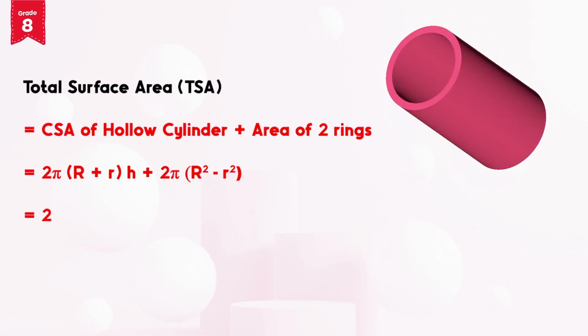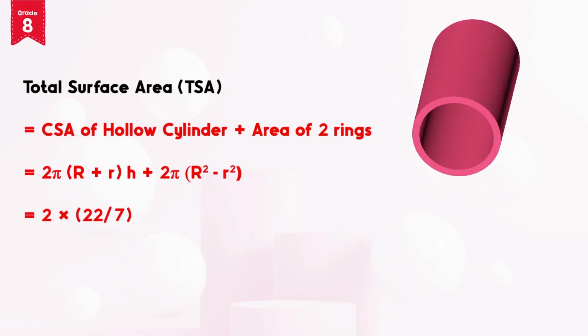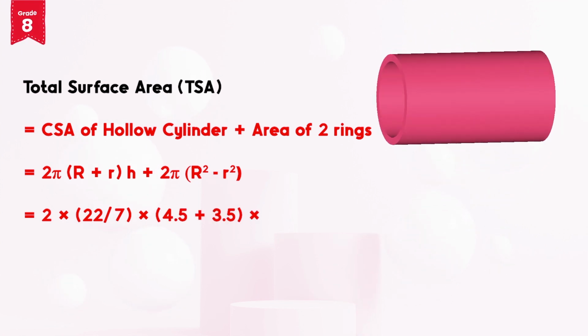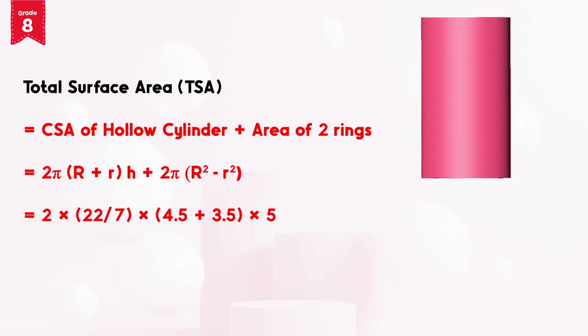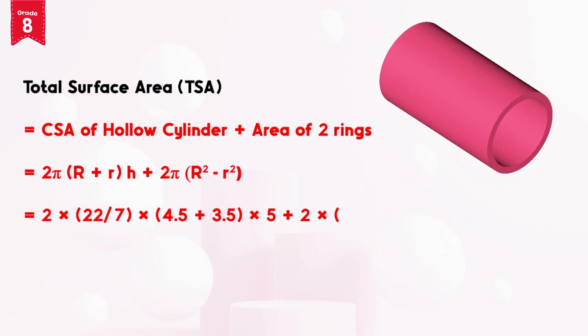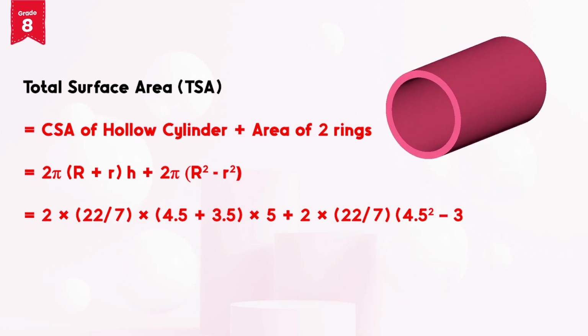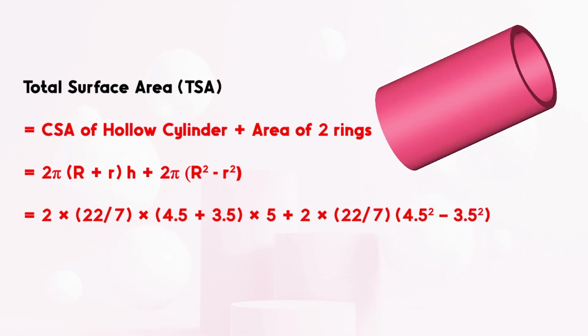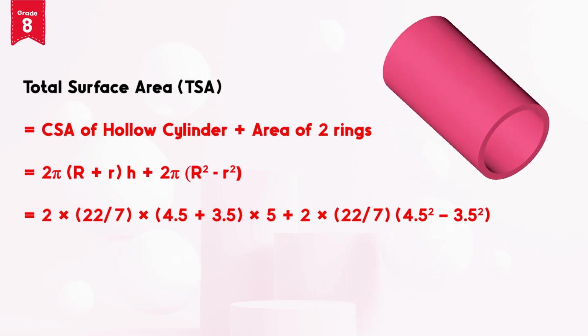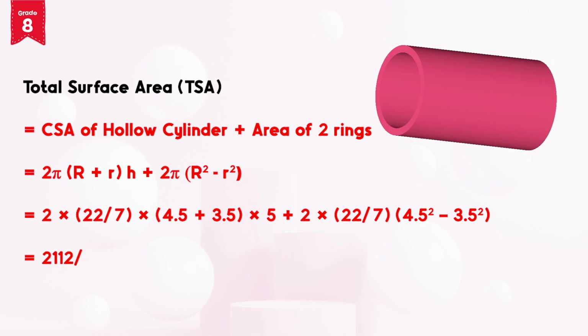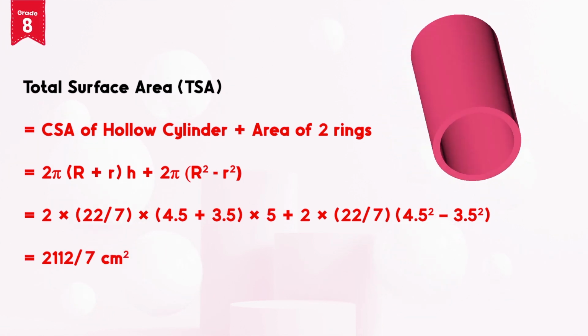So 2 multiplied by 22 by 7 multiplied by 4.5 plus 3.5 multiplied by 5 plus 2 multiplied by 22 by 7 multiplied by 4.5 square minus 3.5 square, which is equal to 2112 by 7 centimeter square.